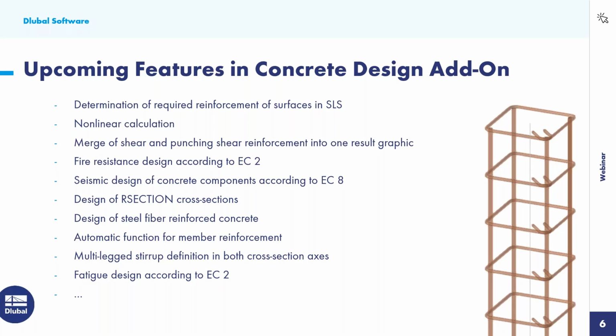And that is a random list, so it does not mean that the first mentioned feature will be released first. It's just randomly listed. So the same determination of required reinforcement, like I have shown to you for the members, so with the option in the SLS configuration, we are also developing the same option for the surfaces.